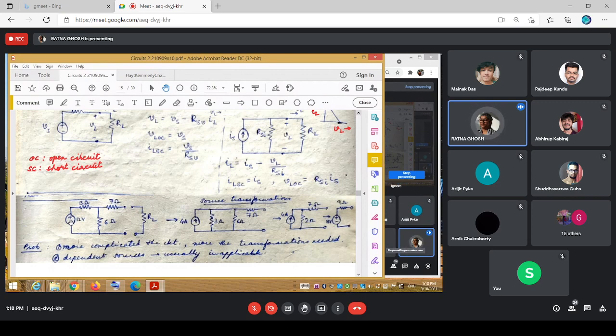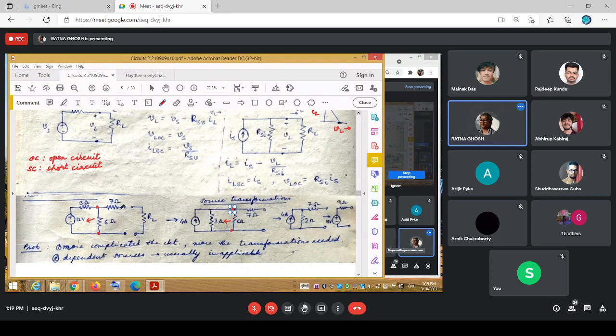The current source would naturally be 12 by 3, so that would be 4 amps, and this would have the 3 ohms in parallel to it, across these two particular nodes. We are replacing the part to the left of that by an equivalent source transformation.